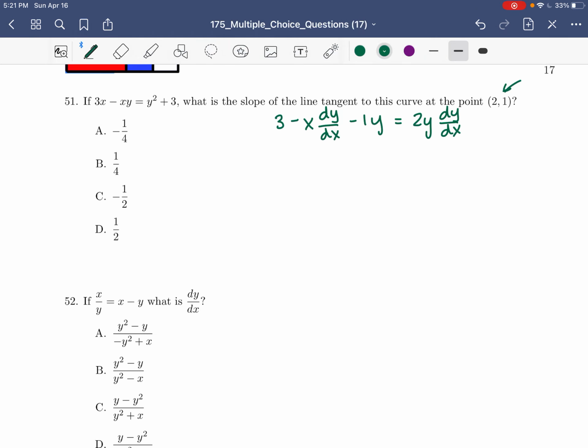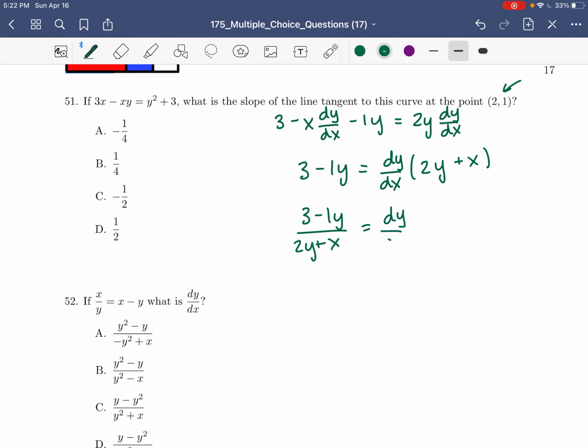Okay, so now I need to get my dy dx's to one side, everything else to the other. So this is going to end up being 3 minus 1y equals, I'm going to factor it out at the same time, 2y plus x. Then I divide, so 3 minus 1y over 2y plus x equals dy dx.